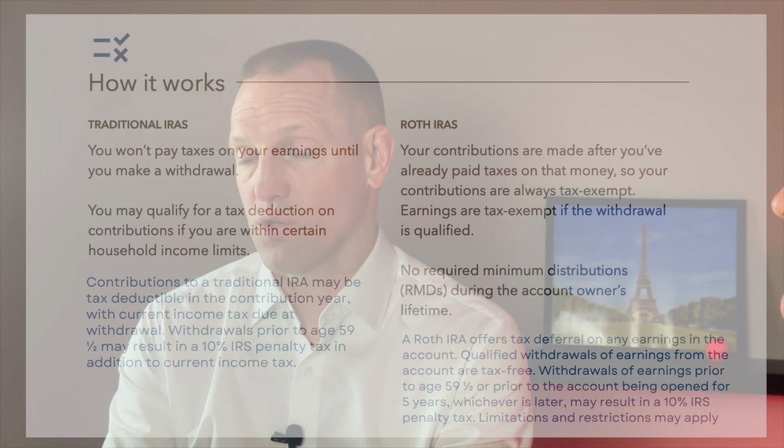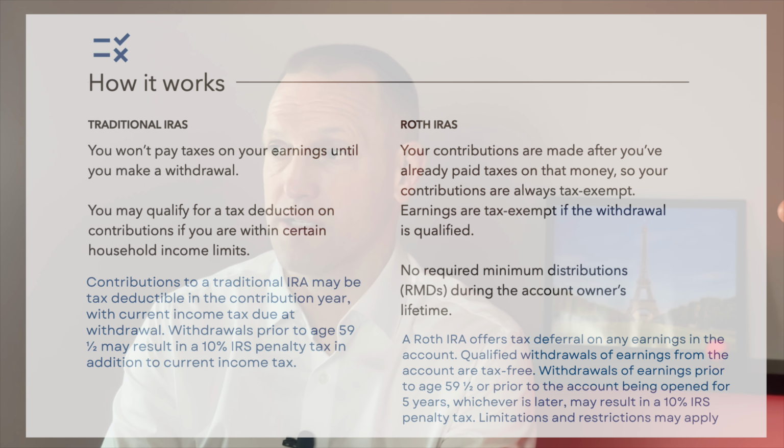Okay, so the difference really is how the tax advantage works. An individual retirement account has tax advantages when you invest. The traditional IRA is another name for just a regular IRA. So traditionally, you invest, you get a tax deduction when you make that investment, and it grows tax deferred until you use it in retirement.